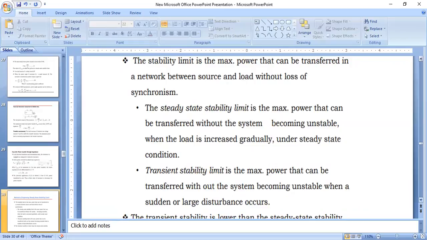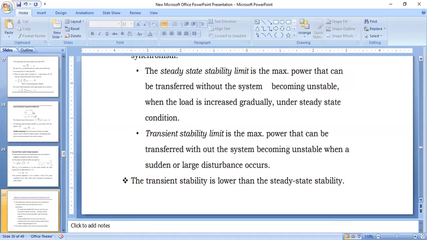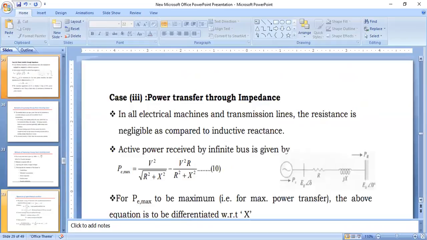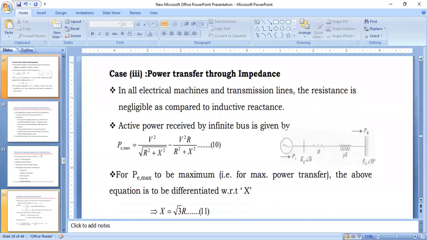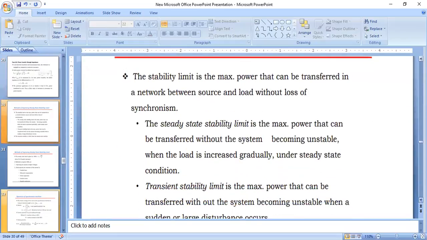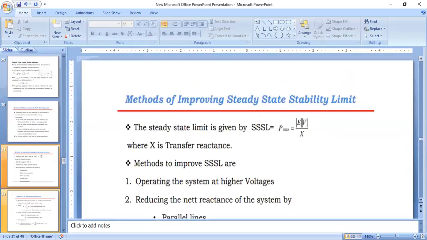And the transient stability limit is the maximum power that can be transferred without the system becoming unstable when sudden or large disturbances occur. The transient stability limit is lower than the steady state stability limit.